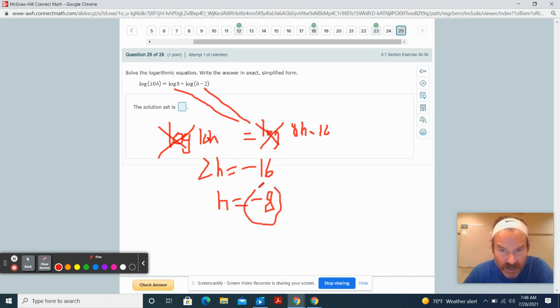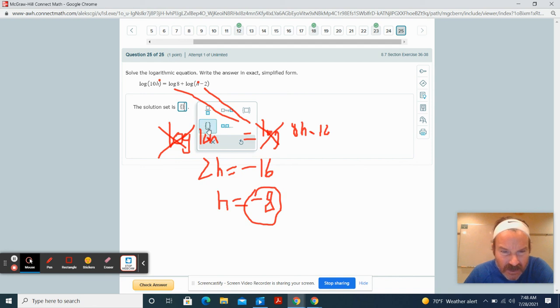However, if we plug negative 8 in, it's going to make these negative. So there should be an empty set here. Let's see. I think it's this one right here. I think that's the empty set. That's like no solutions.